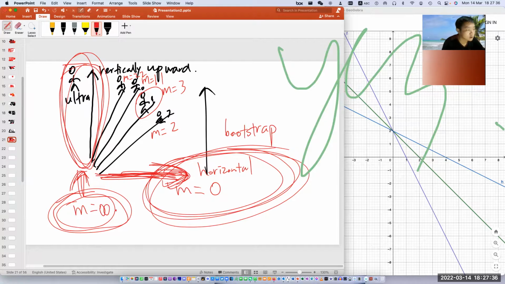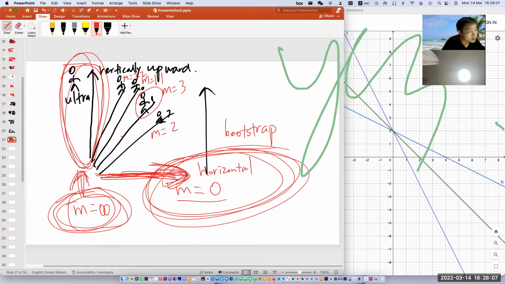Too much, more than 10,000, more than 1 million. That's why there is no answer. For your level, we don't have to talk about infinity. Anything infinity is no answer. M equals 0 is still okay.